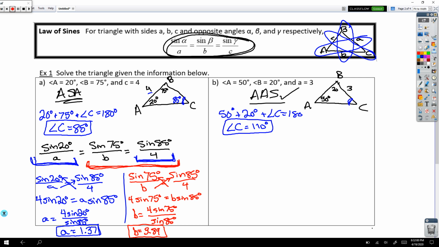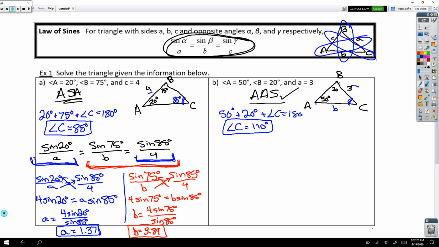Now, I'm going to go ahead and split this into the two equations as my first step, instead of writing out, this equals this, and then breaking it apart. I'm going to start by finding B, so side B. I'm going to find this first.